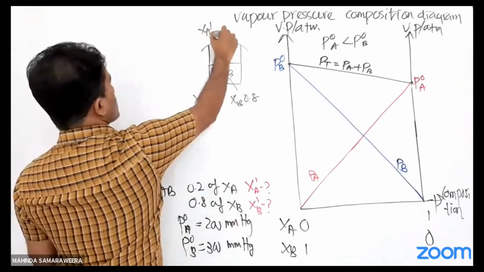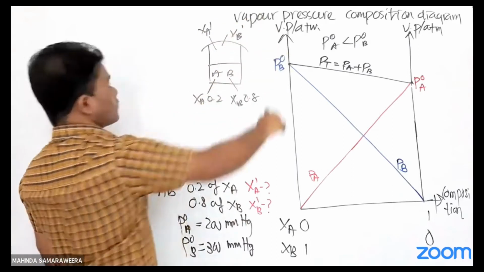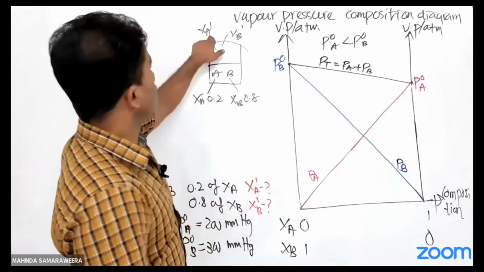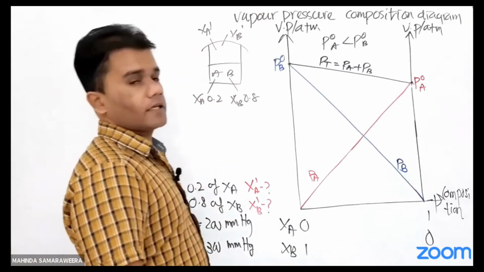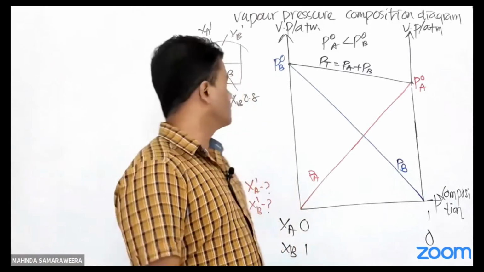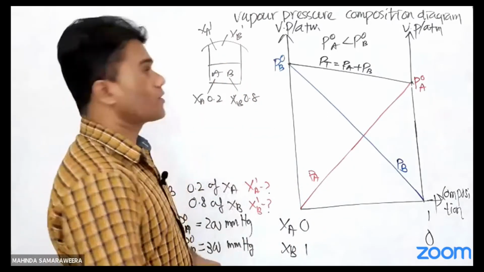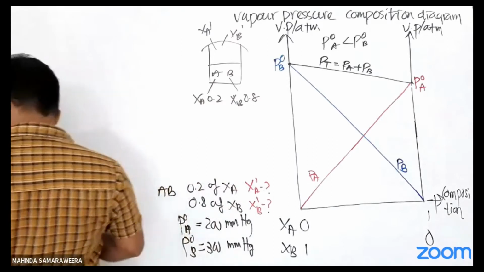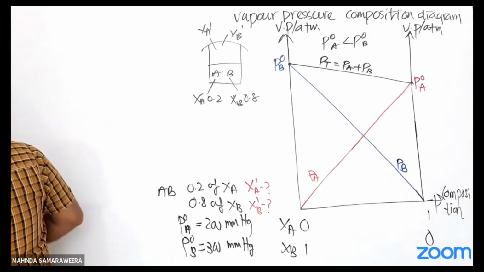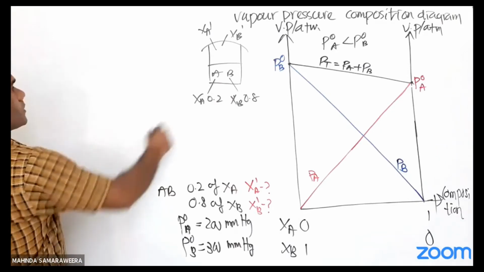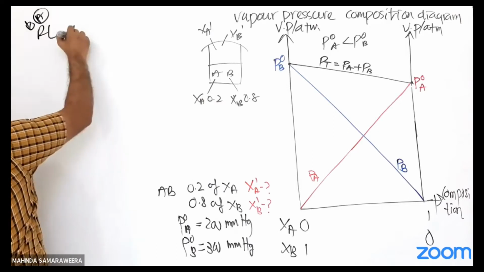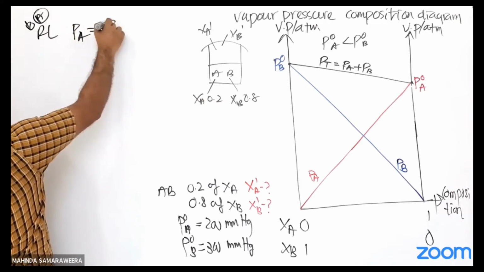Your question is to find the mole fraction of A in the vapor phase and the mole fraction of B in the vapor phase. We know that to get the mole fraction of A in the vapor phase, we have to apply Dalton's law of partial pressure. For that, we need the vapor pressure of A and of B. To get the vapor pressure of A, you can apply Raoult's law: PA equals P naught A XA.